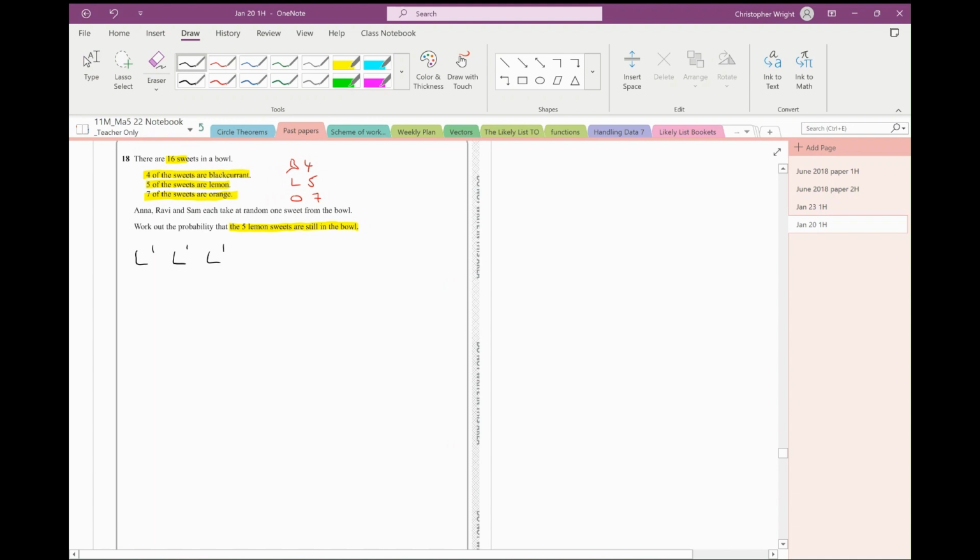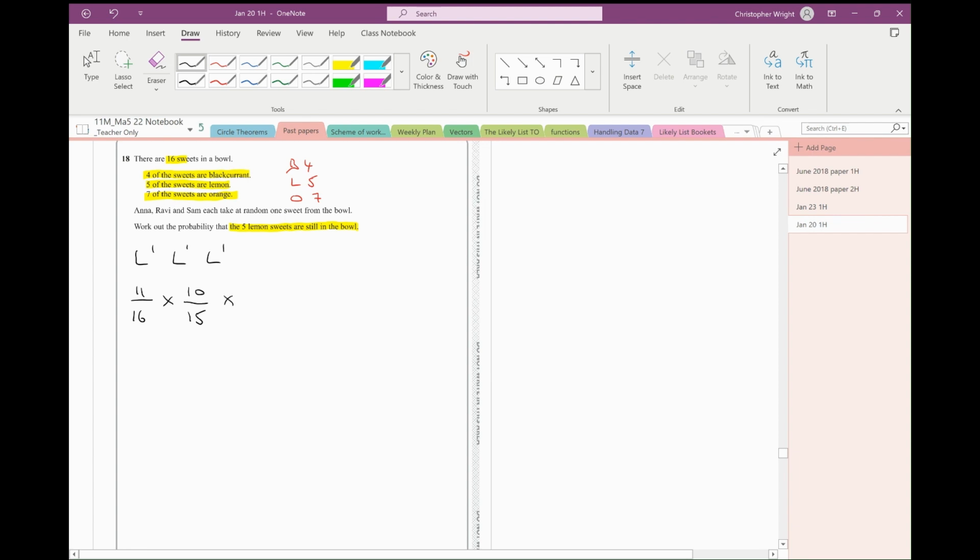Well, the probability of the first person choosing a sweet which is not lemon is 11 out of the 16. Once they've chosen their not lemon sweet, the probability of the second person choosing not lemon is 10 out of 15, because there are 10 non-lemons remaining and only 15 sweets in the bowl.